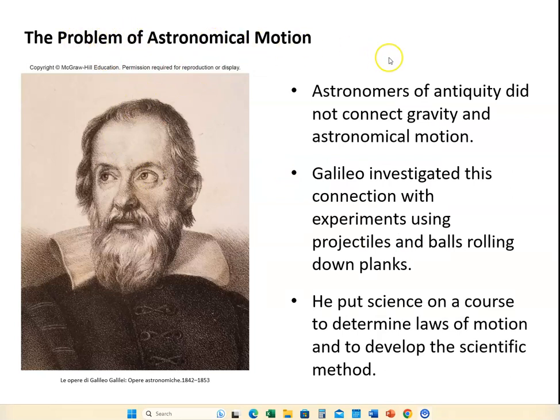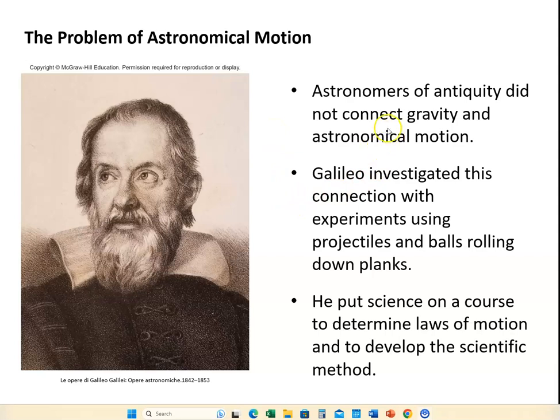So, astronomers. This is another contribution that Galileo gave us. He does come up with Newton's first law of motion, called the law of inertia.